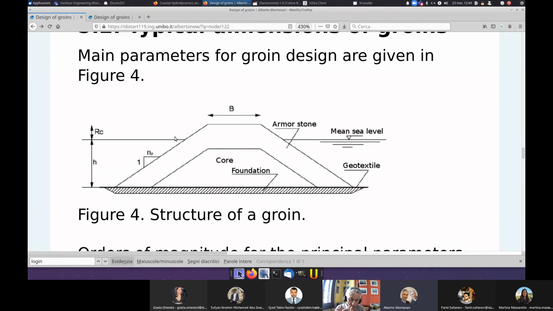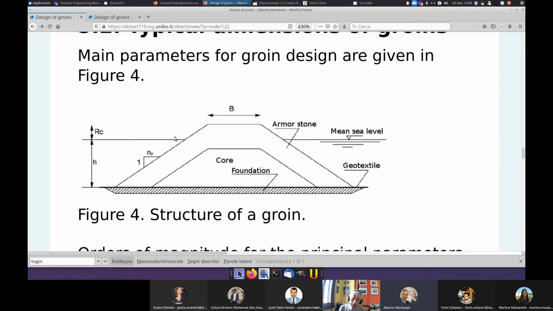You can put just the boulders in the sand without preparing the base of the groin, but this foundation aims to prevent instabilities, because water is able to rapidly excavate in the presence of sand, especially at the foot of structures. You may have local erosion.